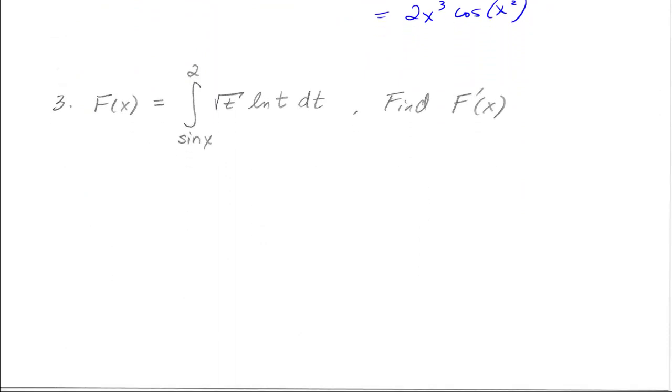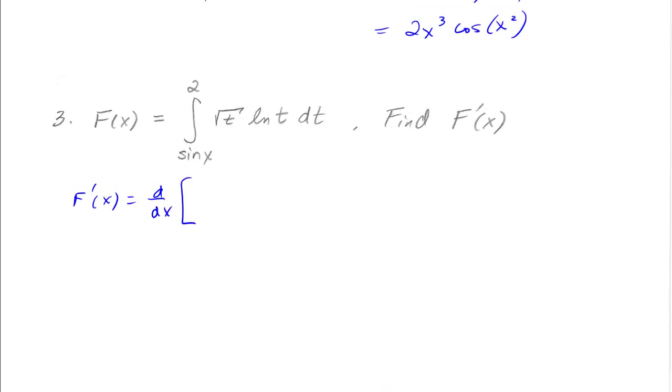All right. So similar thing, we have this function and we want to take the derivative, so we'll set it back up like before as the derivative of the integral from sine x to 2 of radical t ln t dt.